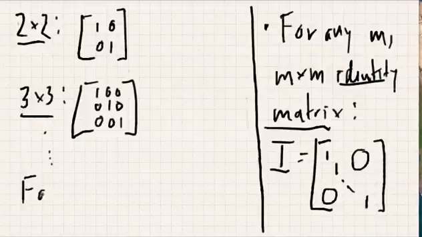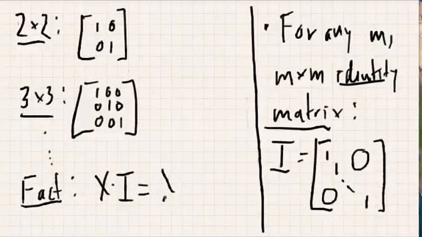And the fact here is that so long as the product makes sense, X times I is equal to X, and I times X is equal to X for any matrix. And let me just do an example of that now.